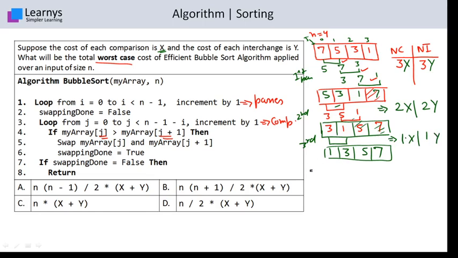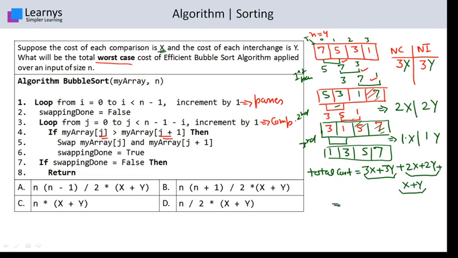So now see what will be the total cost. For the total cost we need to add all these values. That will be 3x plus 3y for the first pass, plus 2x plus 2y for the second pass, plus x plus y for the last pass.